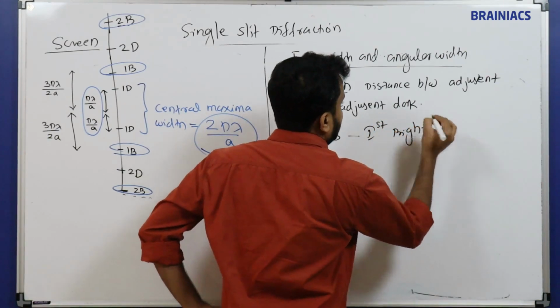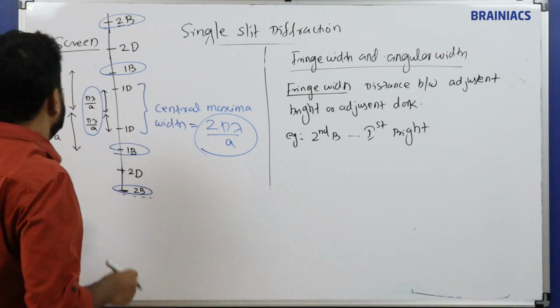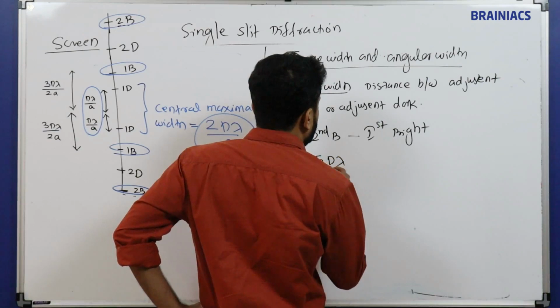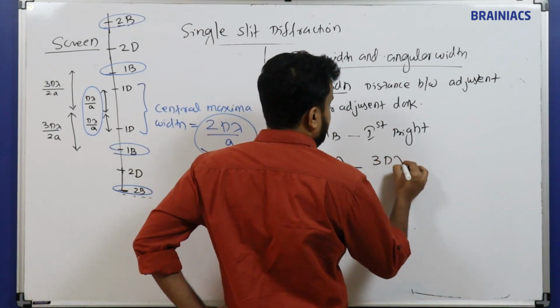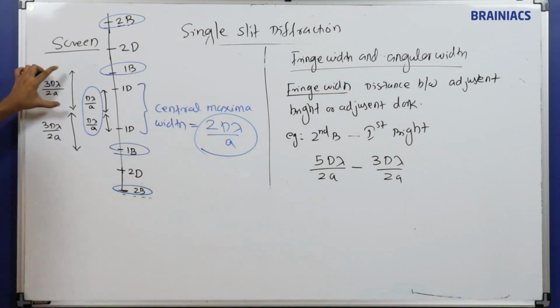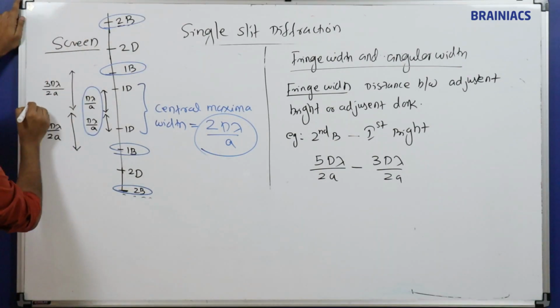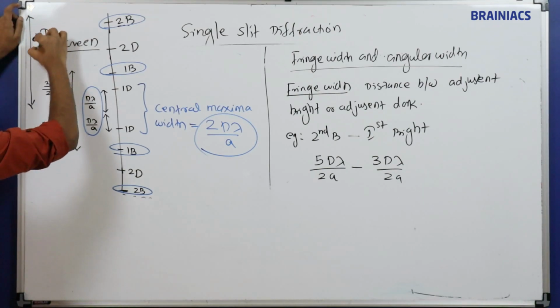Let's take an example. For the second bright, how much will the fringe width come? Second bright 5D lambda by 2a minus first bright 3D lambda by 2a. This is the distance of the first bright from the center, and this is the distance of the second bright, 5D lambda by 2a.